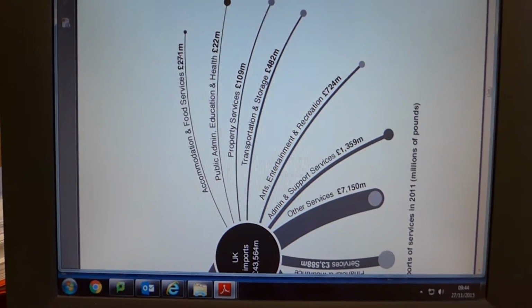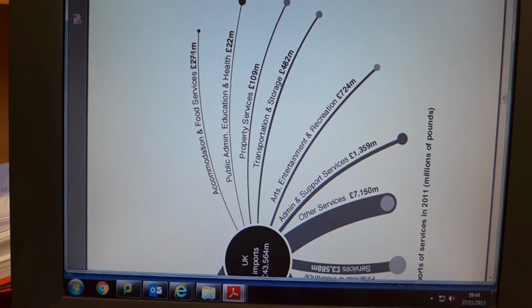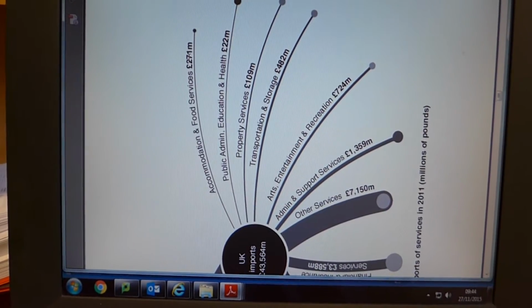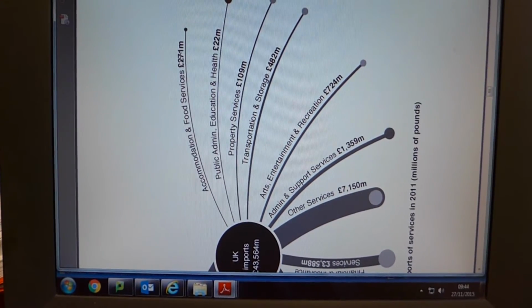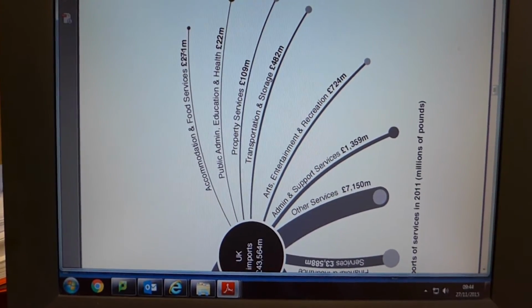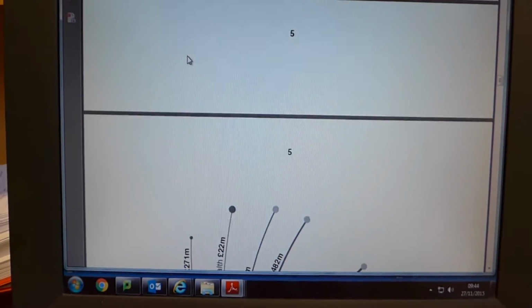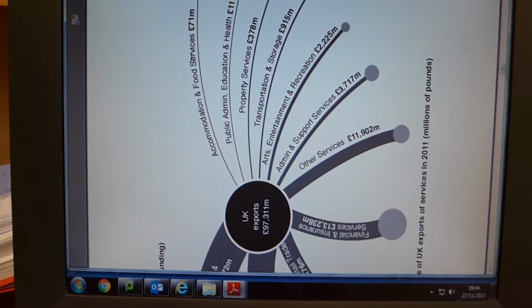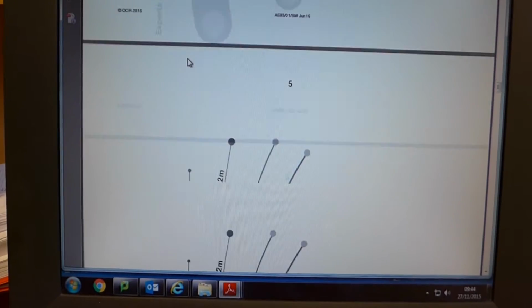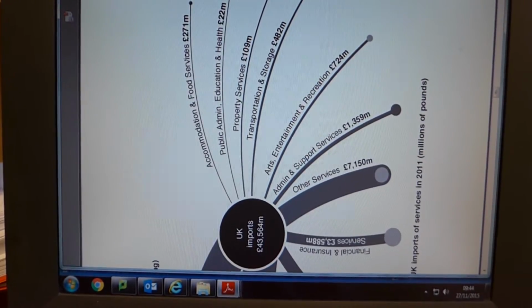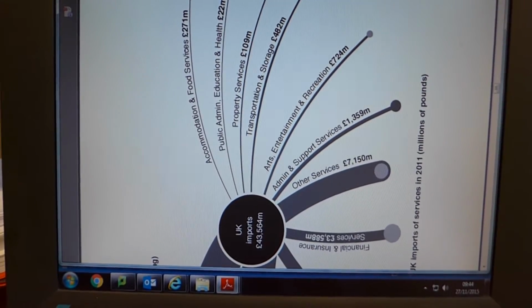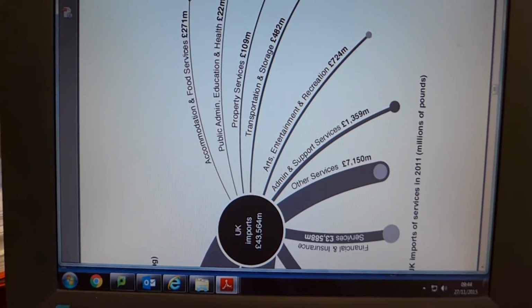And so you simply work out the balance in this instance for accommodation and food services. So there's 71 million coming in from exports, 271 going out. So therefore there's a deficit there of minus 200 million.